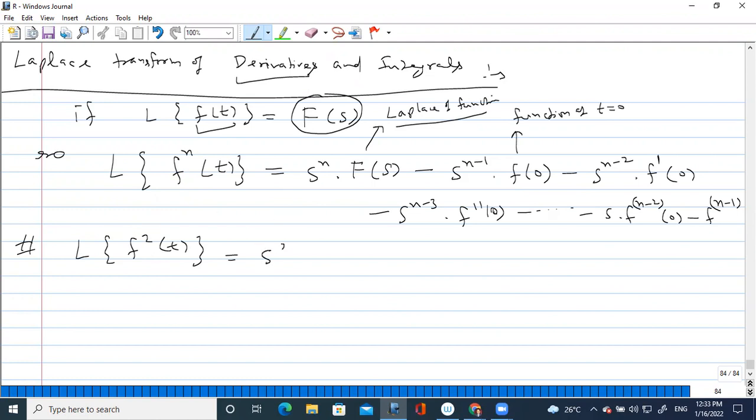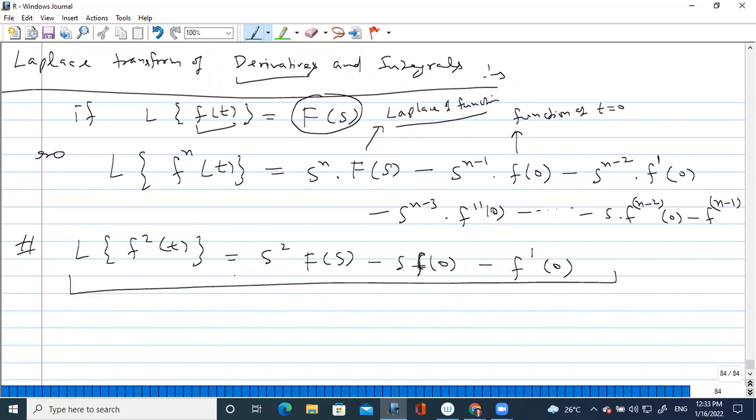So it will be s square F(s) minus, here s to the power n minus 1 means 2 minus 1, that is s f(0), and minus, now it has become the last term, f dash 0. So if Laplace of a double derivative is there, you can remember it: s square F(s) minus s f(0) minus f dash 0, that's it. So like this you can find out.